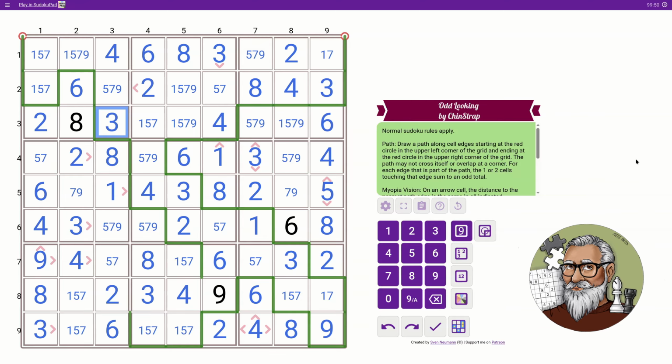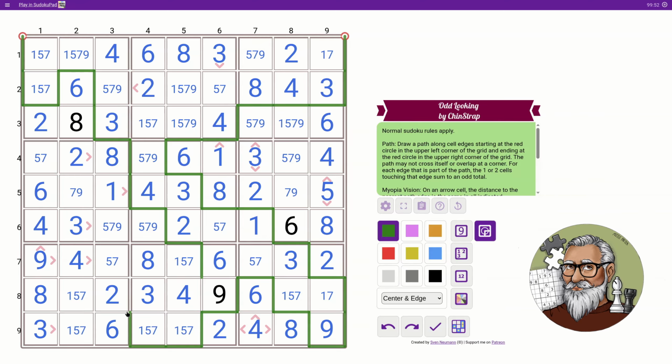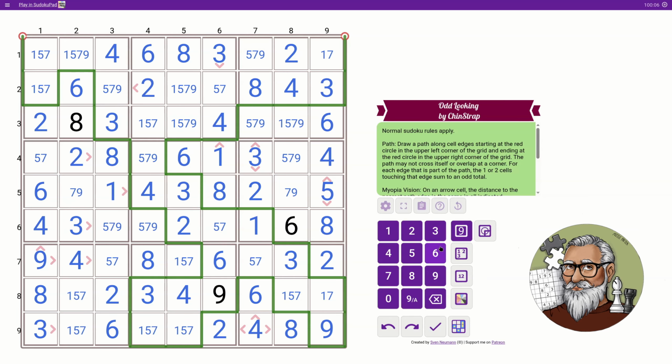I still need to connect those two. I can't go to the right, so it's up. Yeah, okay. Now it's connected. Seems like it.